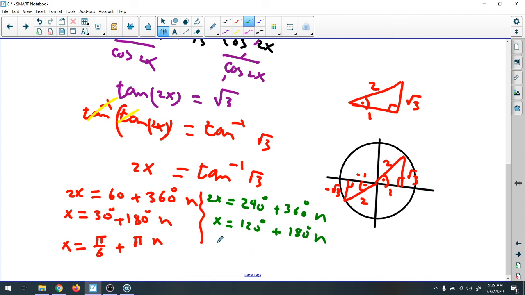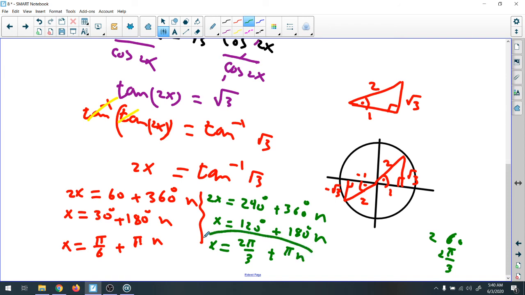Convert to radian, x equals 120, it's 60 times 2, and 180 is pi, so 60 is pi over 3, so it will be 2 pi over 3, plus 180 we know it's pi n.